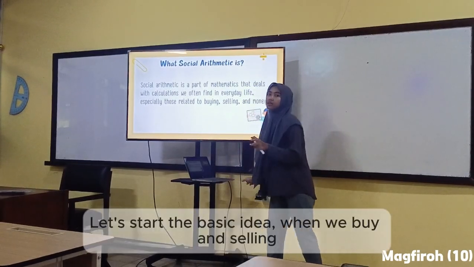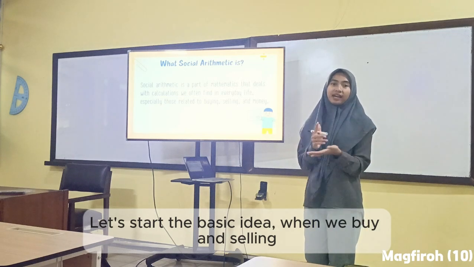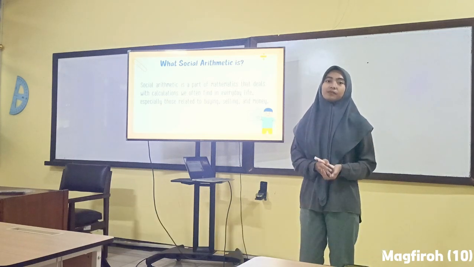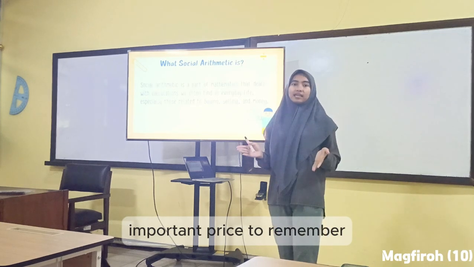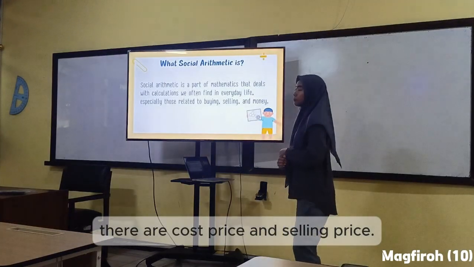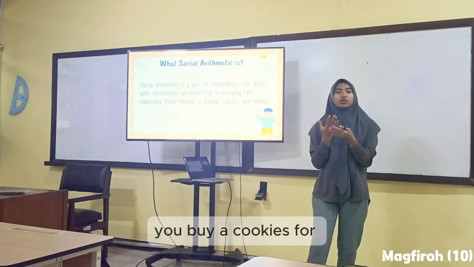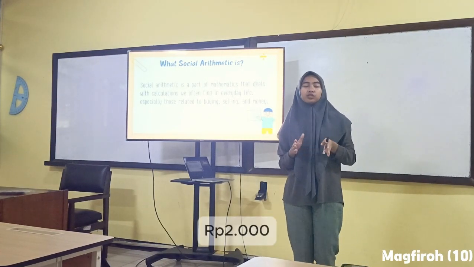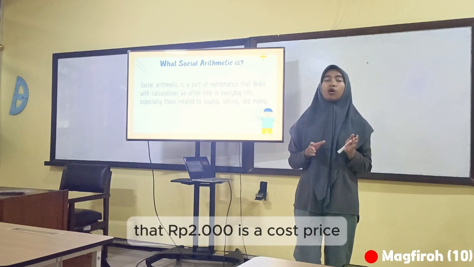Let's start with the basic idea. When we buy and sell things, there are two important prices to remember: cost price and selling price. For example, you buy a cookie for 2,000 rupiah. That 2,000 rupiah is the cost price.